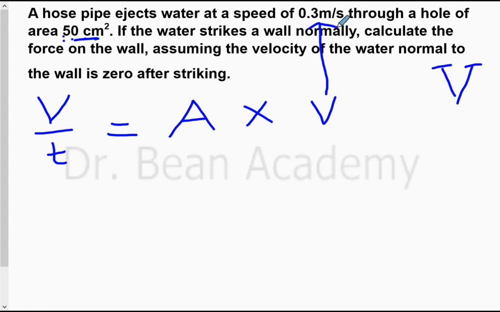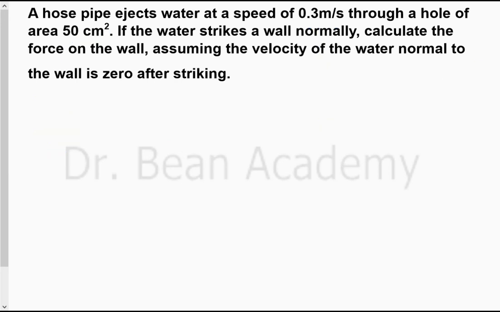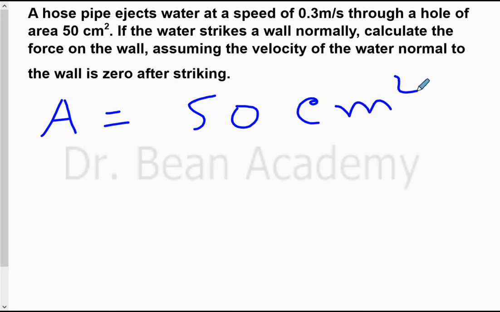But before I can plug in the value of the hole area, 50 centimeters squared, I need to represent it in meter squared because that is the SI standard unit. So let's convert it to meter squared on another slide. So area A equals 50 centimeter squared.